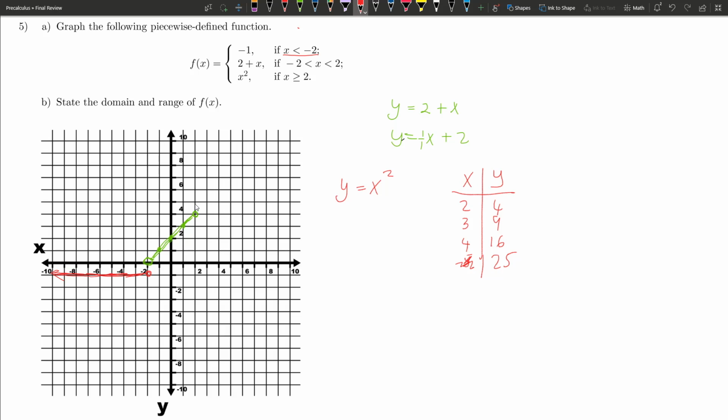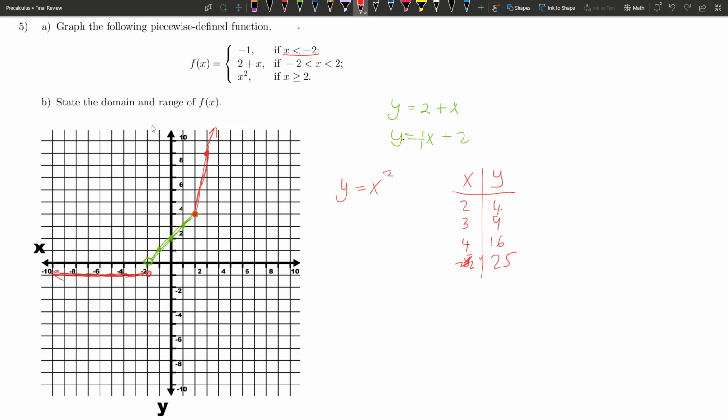So when x is 2, y is exactly 4, which is the same spot. So I'm just going to fill that in. 3 is 9, which is all the way here, and 4 is 16, which is really high up. So what we're going to do is just draw a line and draw an arrow continuing off in that space, right? It goes off to infinity.